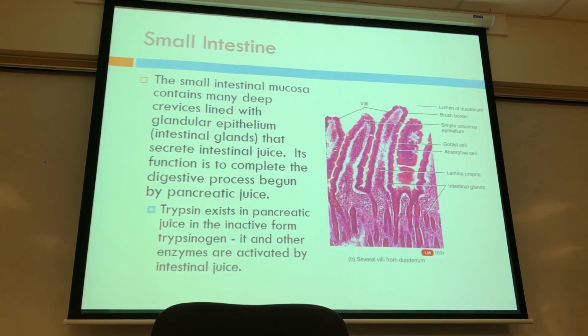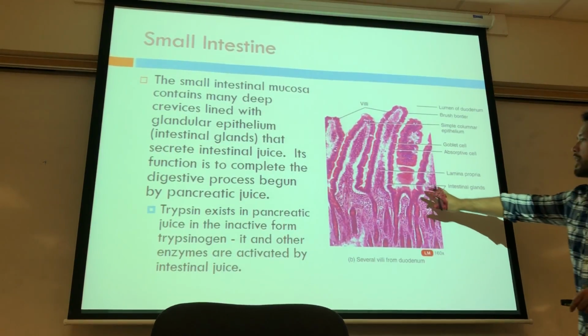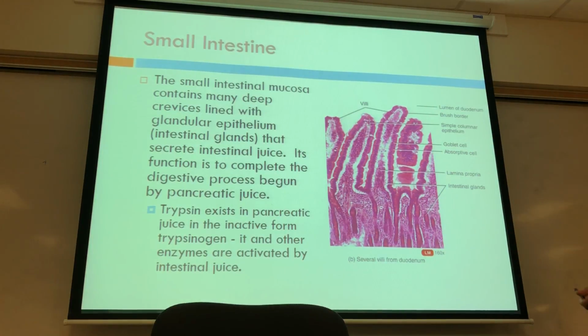Now, looking at the crevices, you can see deep within the villi, you still do get the intestinal juices. Intestinal juices are also secreted. We don't talk too much about them, but these intestinal juices basically assist. They're the same things as the gastric juices and the pancreatic juices.